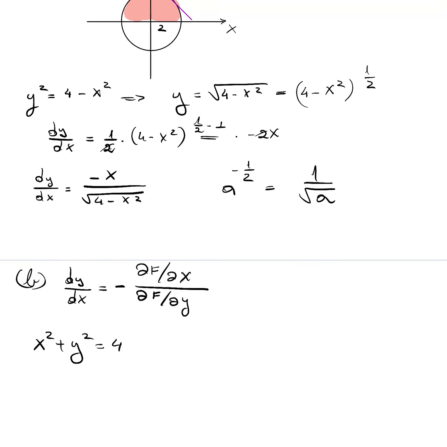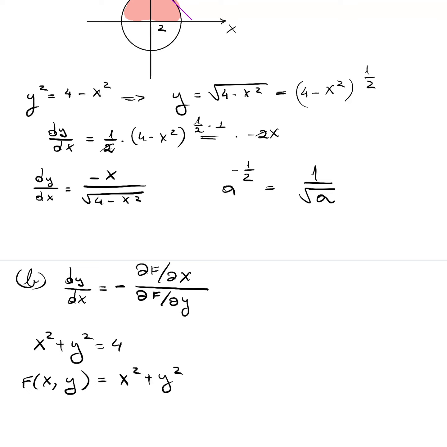But if I want to think about this not as an explicit relationship of y in terms of x, but just as a general function with two arguments, x and y, I could rewrite this such that this function is equal to x squared plus y squared, where the part of the question where they're equal to 4 is just one of the many values that function can take.